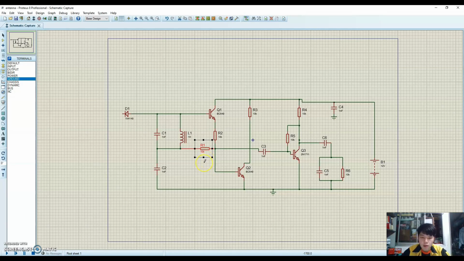The value of 120K is enough for the receiver to work well. The D1 will connect with the transmitter, and from here we connect to the transmitter and let the whole antenna work. So far, this is the whole design of the receiver.